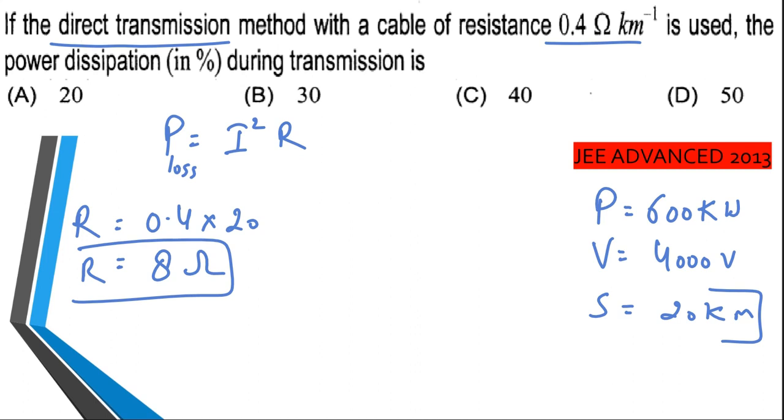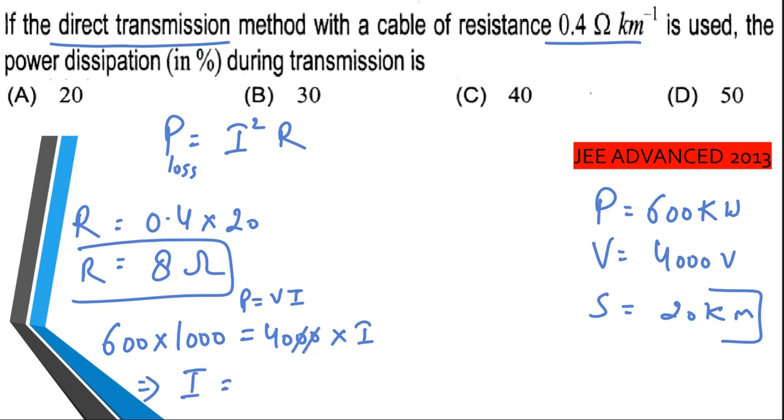Now we need to find the current. So you can use the power given. Power is 600 kilowatt, I have converted it into watts. Power equals V into I. Remember, I told you power equals V into I. V is given 4000 volt into I. So from here we can find the value of I. The value of I comes out to be 150 ampere.